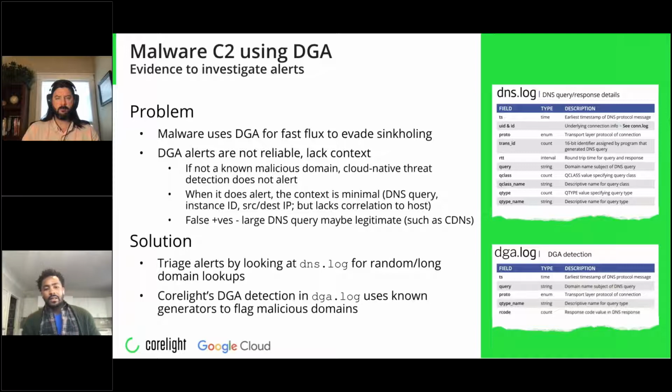At present, what we see is that there's a lot of content out there. There are cloud native alerting or detection capabilities that claim they are able to detect domain generation algorithms. However, if they are working off of some type of list or are signature based, those things are often not updated or have the potential to generate a high amount of false positives.